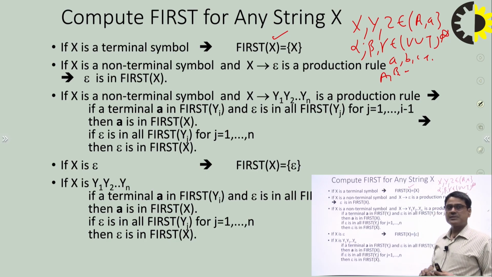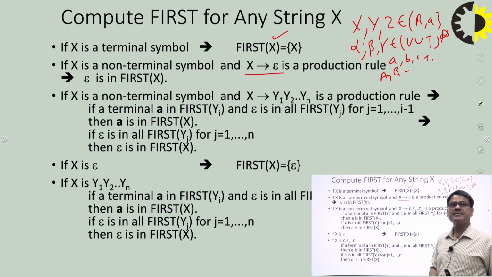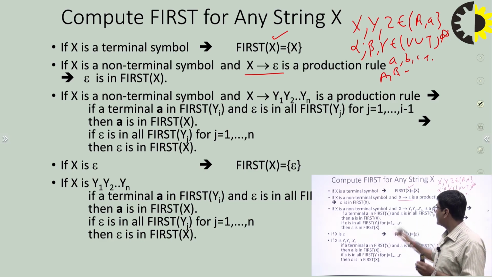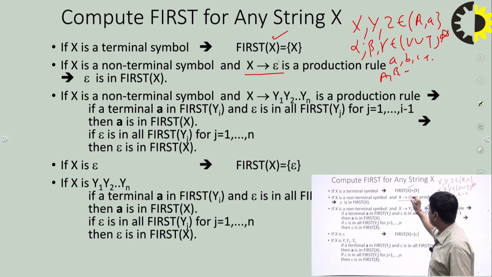The second rule is if X is a non-terminal and there is a production X produces epsilon, meaning epsilon is directly derived by that variable, then you just add this epsilon into the first set of this capital X or this non-terminal. If epsilon is not directly derived, that is very important.